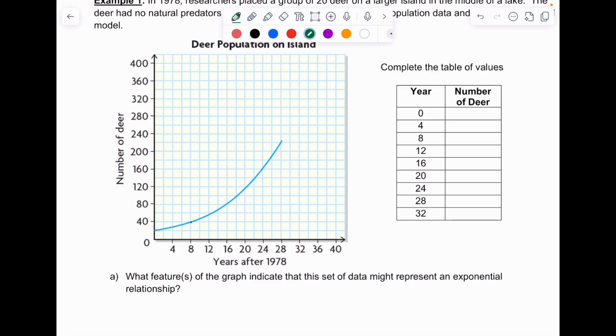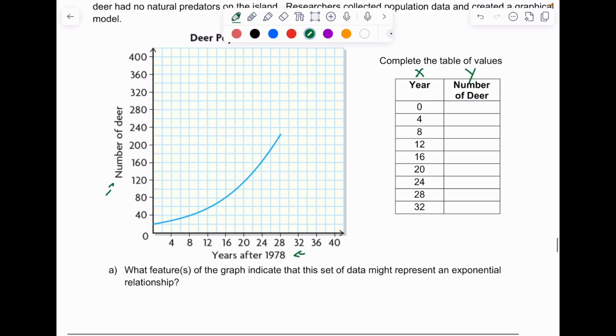What we need to do is look over and read our x values, and then these ones are coming from the y-axis, the number of deer. Because you can see right here, we are modeling years on the x and number of deer on the y. So just simply look at the graph at the x point and read off the y.